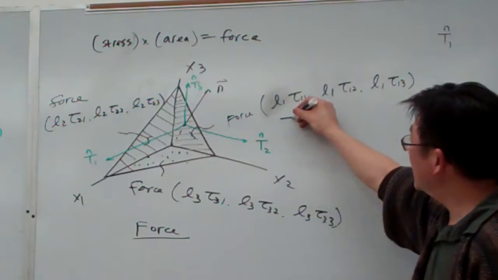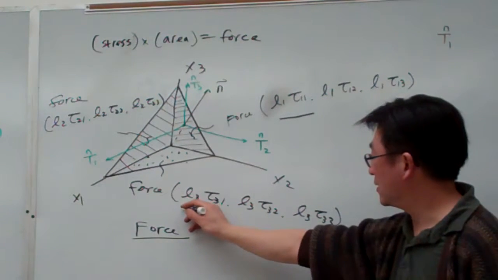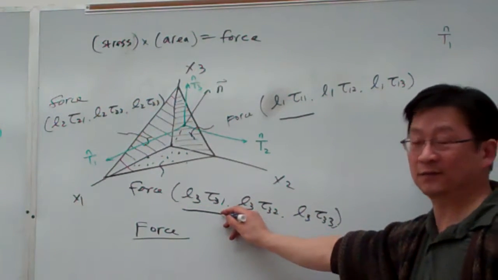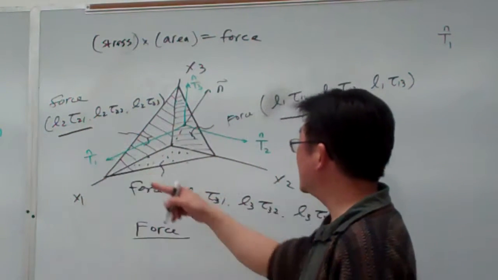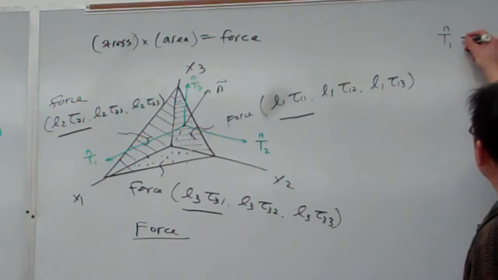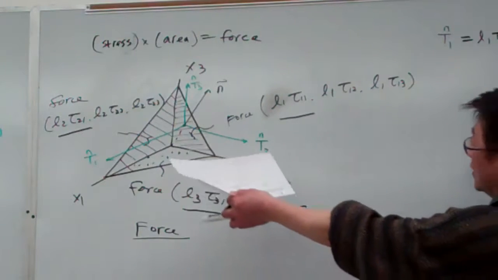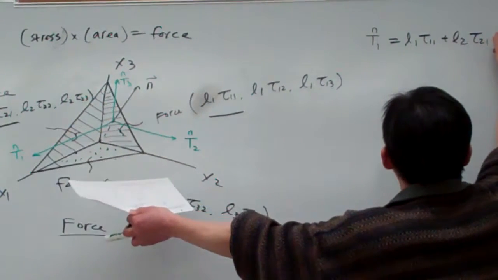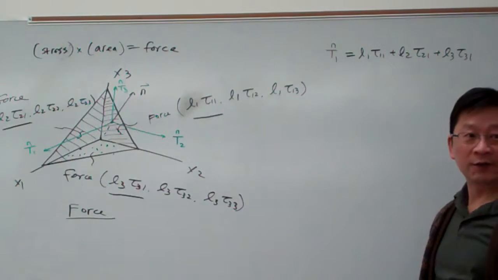This one in 1 direction, right? And this one in 1 direction. This one in 1 direction. So this one must be in balance with that one. So that is L1 tau 1 1 plus L2 tau 2 1 plus L3 tau 3 1. Are we good?